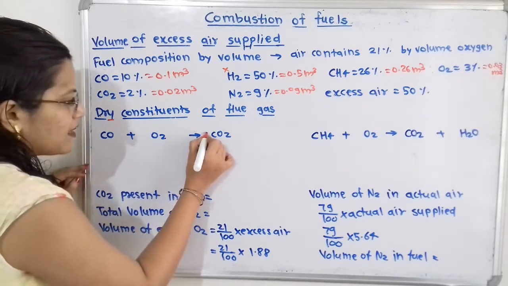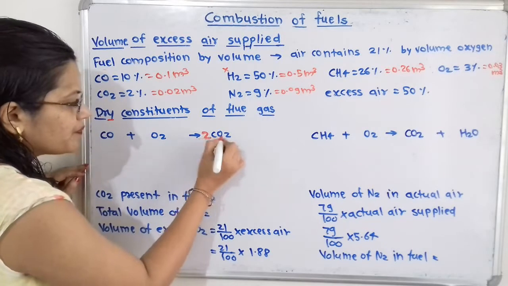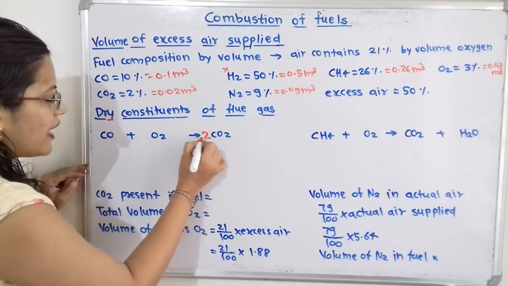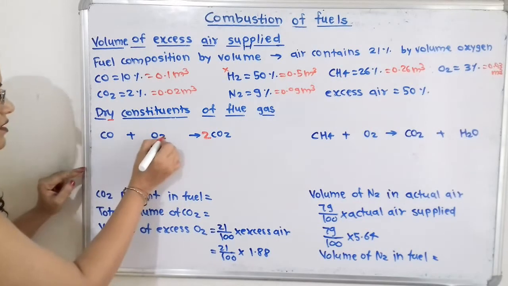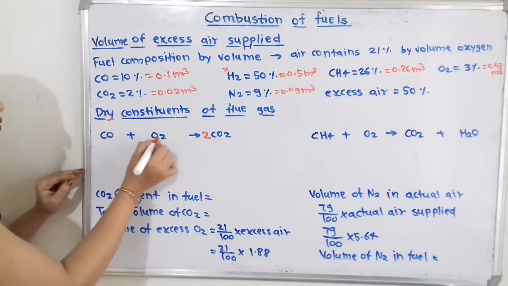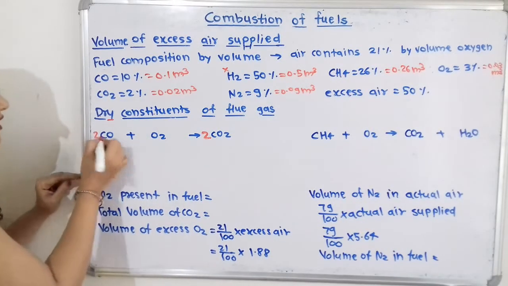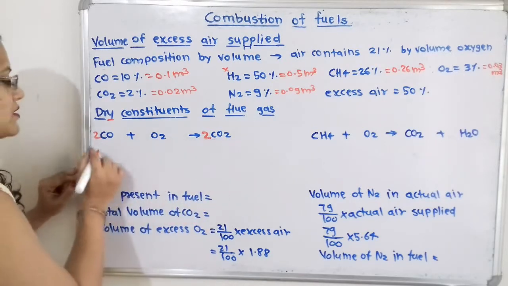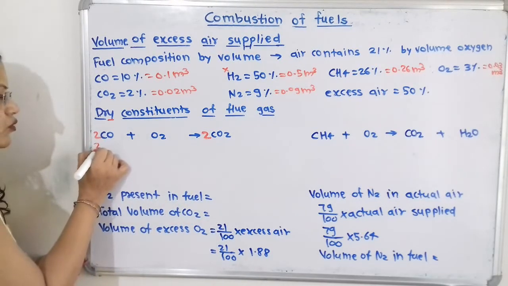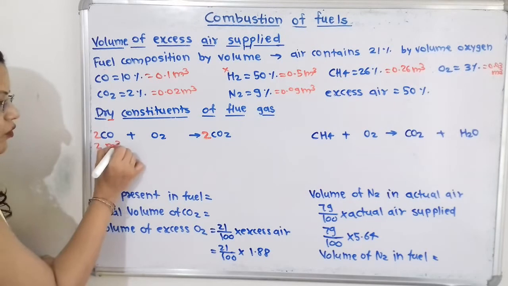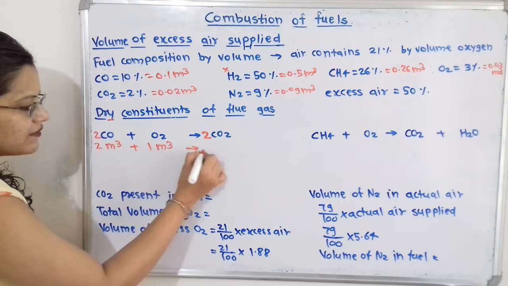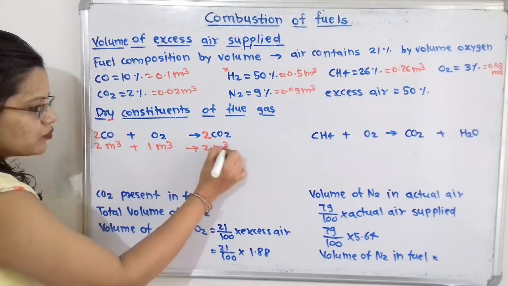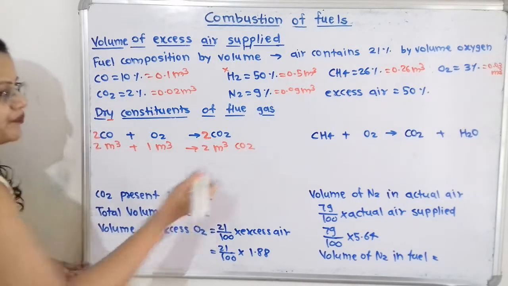So if I balance here with 2, then there are 2 carbons and 4 oxygens, so here there is 2 times O2, and again I will write 2 here. Now from this we can write that 2 meter cube of CO will combine with 1 meter cube of oxygen and give us 2 meter cube of CO2.